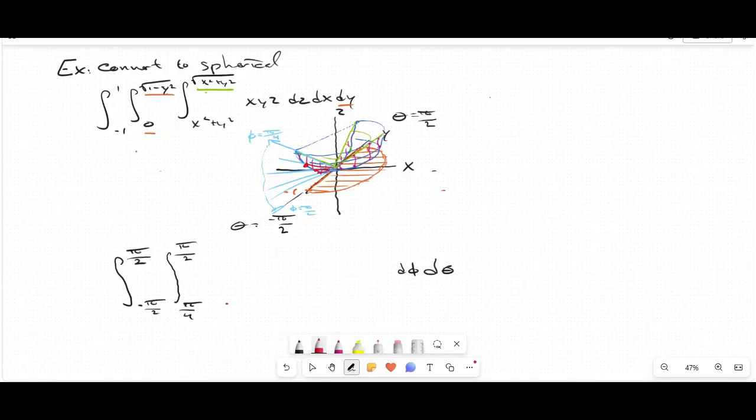So that blue line is z equals x squared plus y squared, z equals r squared.